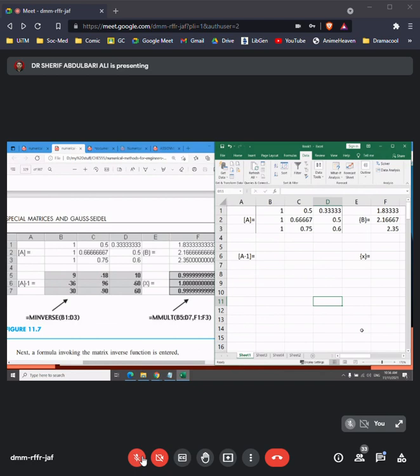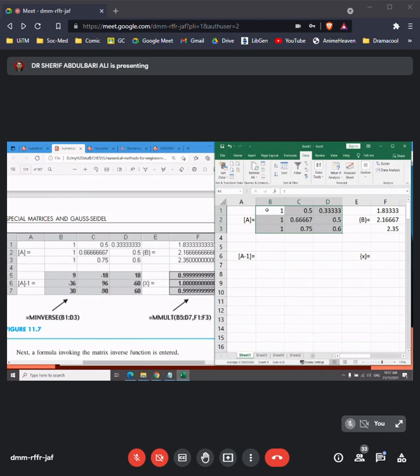So let's see how to solve. Remember, to find the values of the x's, we need to inverse matrix A, and after we inverse it, we multiply it with the matrix B. So the first step: how am I going to inverse this matrix?